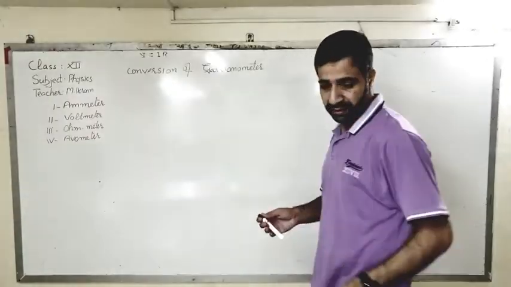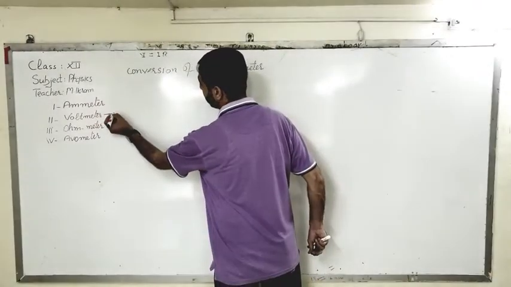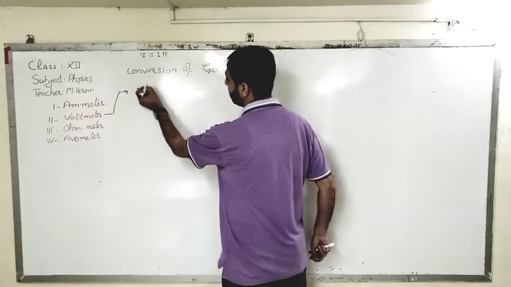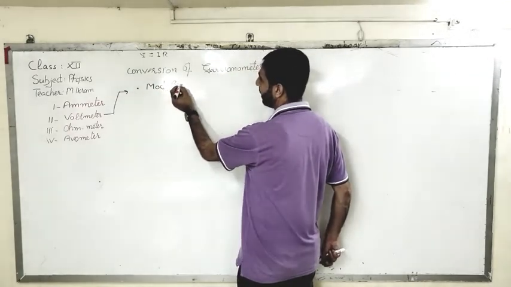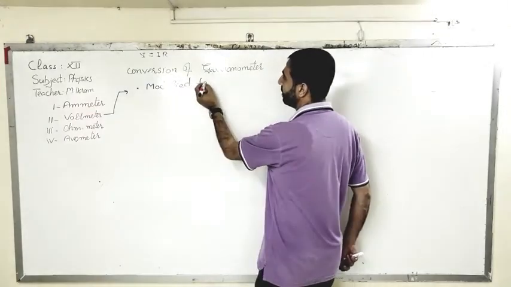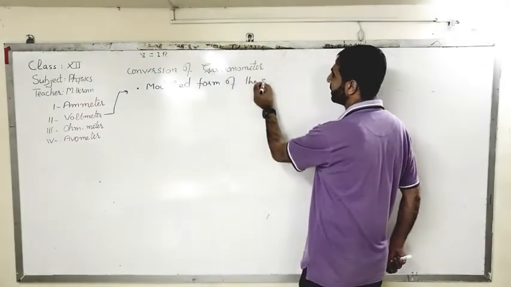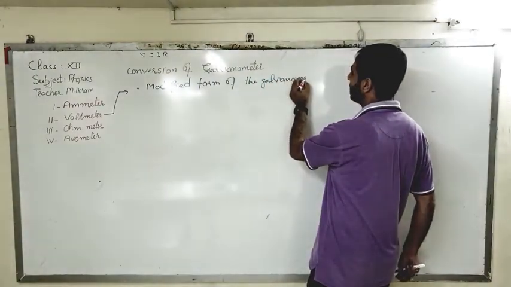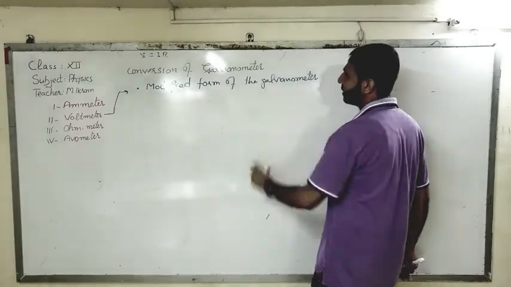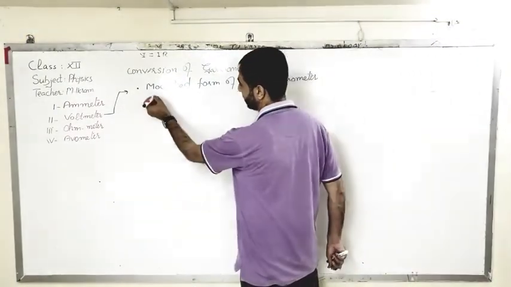So what is a voltmeter? In fact, the voltmeter is the modified form of the galvanometer, the galvanometer which can measure and detect higher voltage.